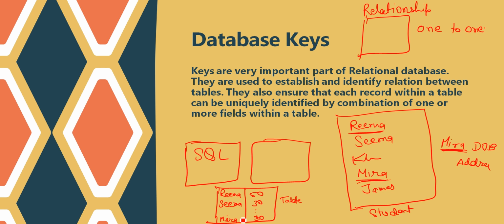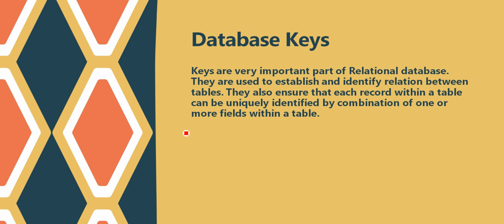Now anyone will be confused, which Meera got 30 marks? This one or the new student? Maybe DOB and address will be different, but the name for both students is Meera. It will be confusing for us which Meera she is, whether our old student or the new one, right? We cannot determine which Meera got 30 marks, right?